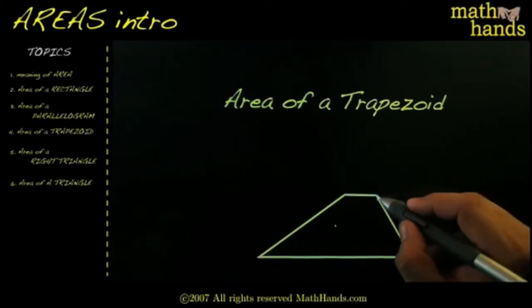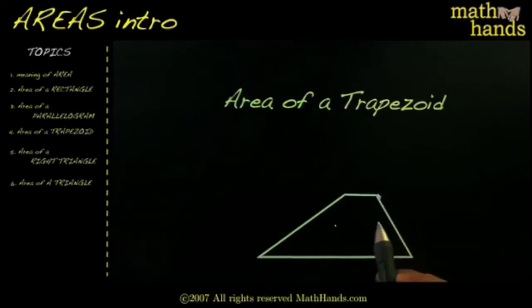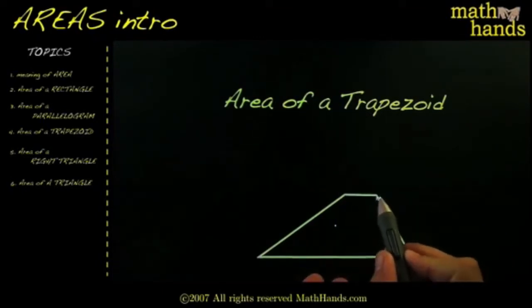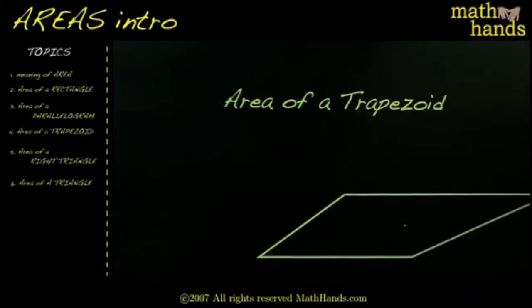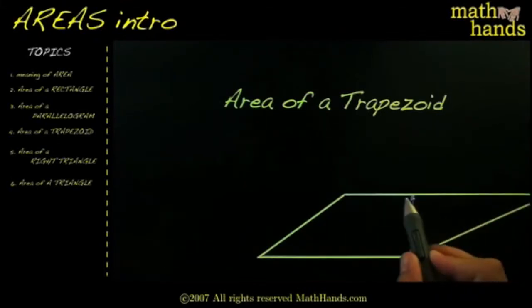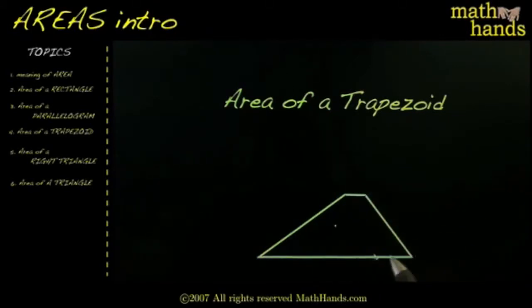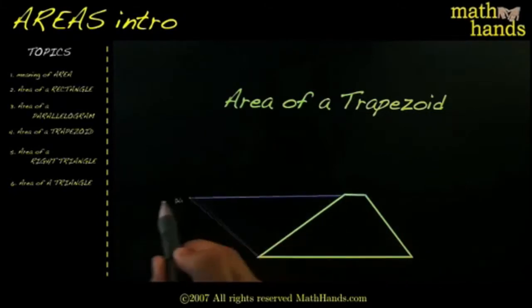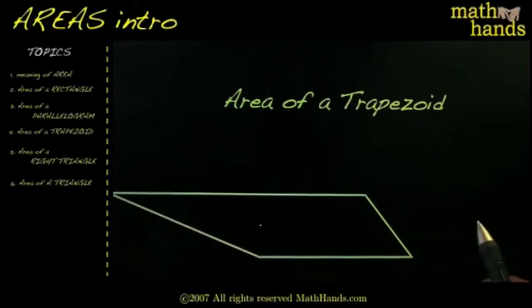So the question is, how does this affect the area if I leave these lines parallel, but I change the size of one of the bases? For example, say the top base. It doesn't matter the top or the bottom, to where they're no longer the same size. Maybe this top one's very, very small and the bottom one's much bigger, or maybe I change this one to an amazingly large number like that.